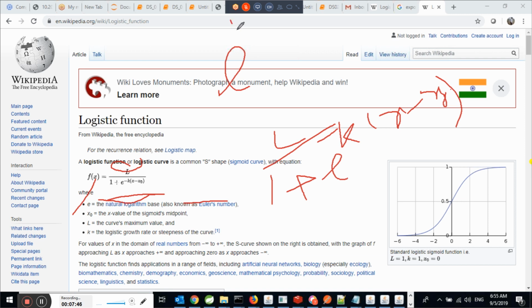As we know, e to the power 0 is 1, e to the power 1 is e itself. You have to learn some powers: e^0, e^1, e^2. x naught is the x value of the sigmoid midpoint.